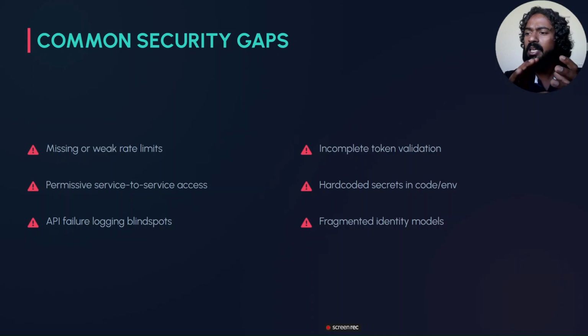Believe me, 90% of companies have at least three of these in some of their architectures. This is what makes assessment important. Otherwise, problems remain invisible until they become incidents.